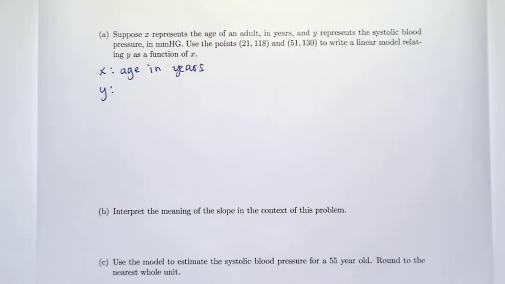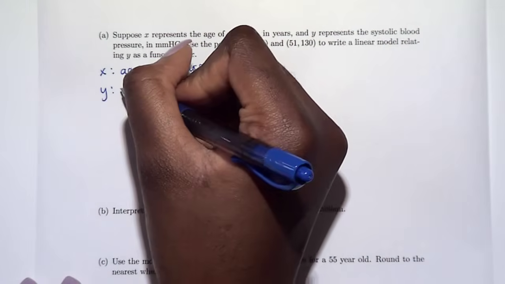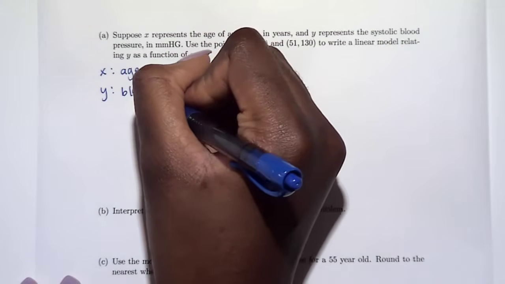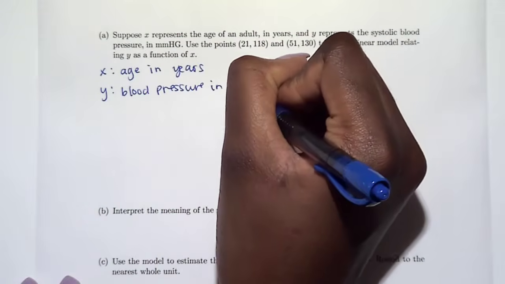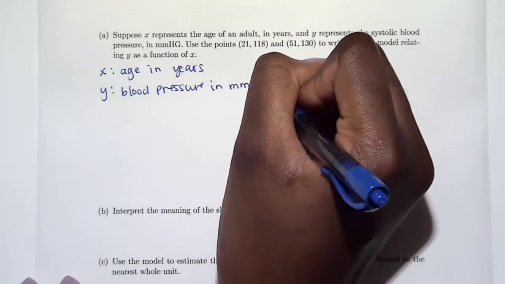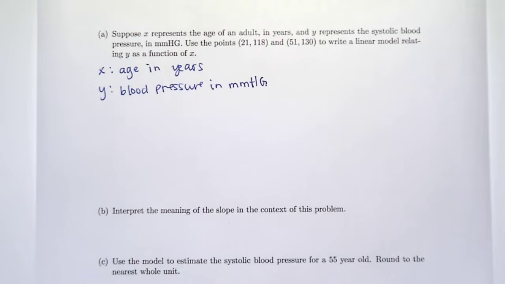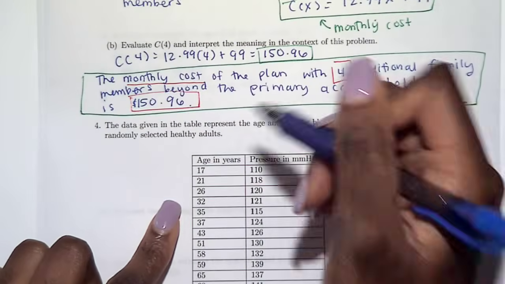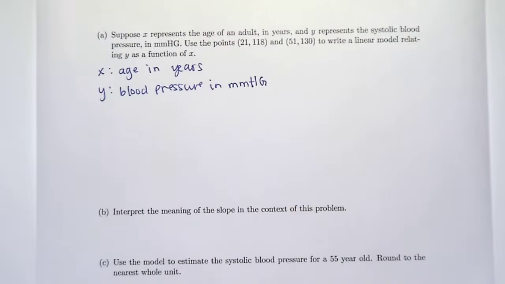And y represents the blood pressure in this unit of measurement. So I'm going to say it's the blood pressure. I could also come back here and just write it on my chart. So this is our x, this is our y. You got all that down.